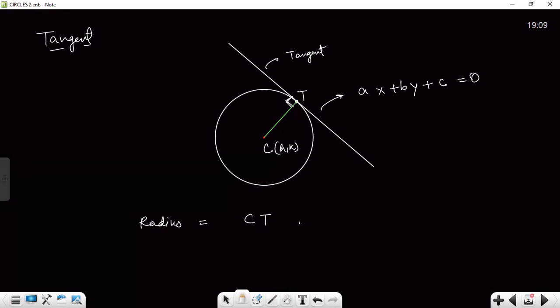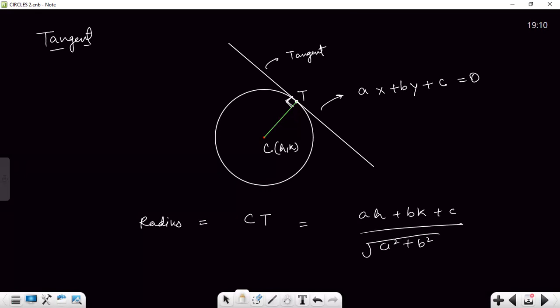How will we find it? We'll simply substitute x and y with the point h and k, plus c, divided by the square root of a square plus b square. That will be your distance. So basically, that's just an application.